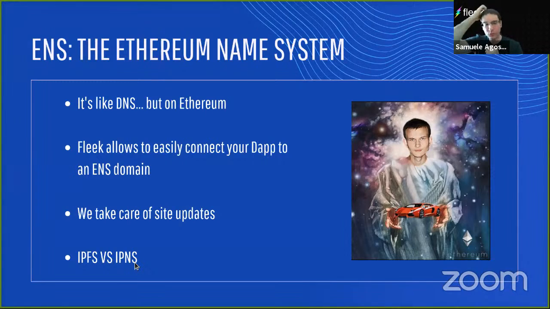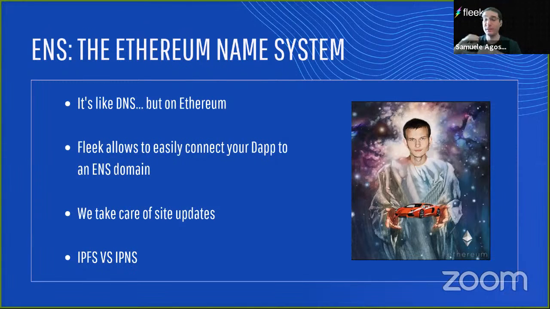But soon, what we want to do is integrate IPNS. If you know what IPNS is, you have your public key that allows you to update what is the new hash that your site should connect to. And that pretty much allows you to have a non-changing address that points to your site.